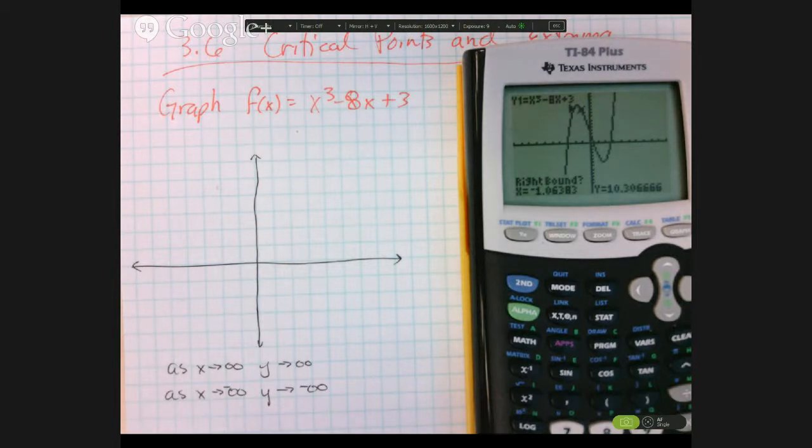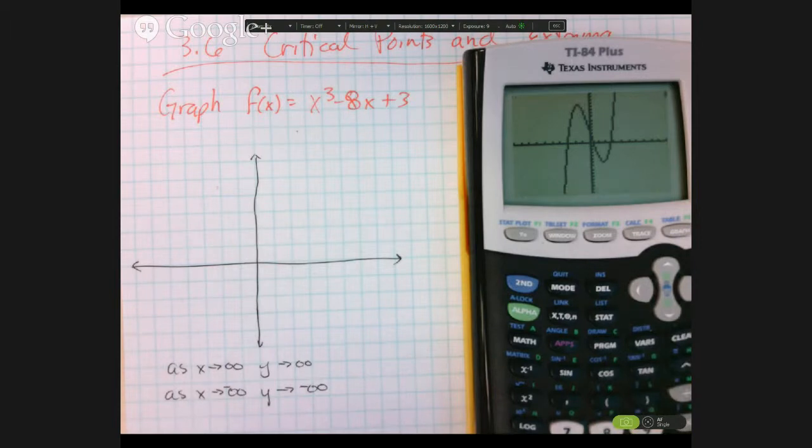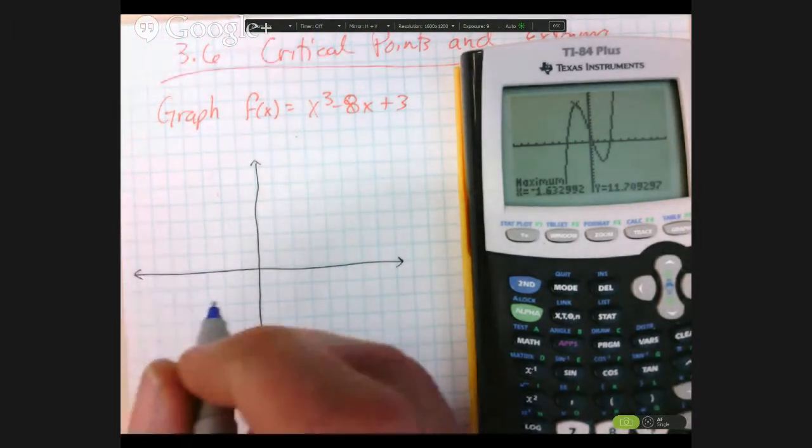Now do the right bound, enter, and then venture a guess. Put your cursor on the peak.